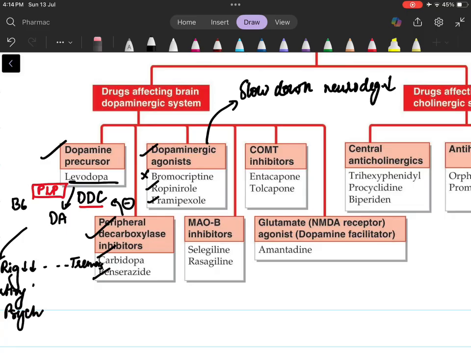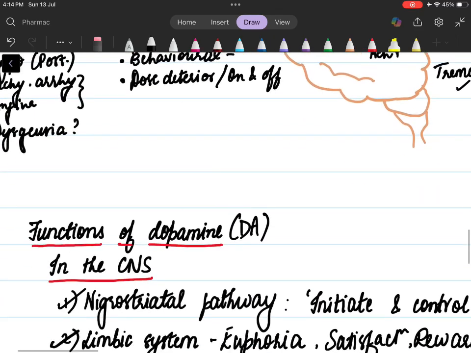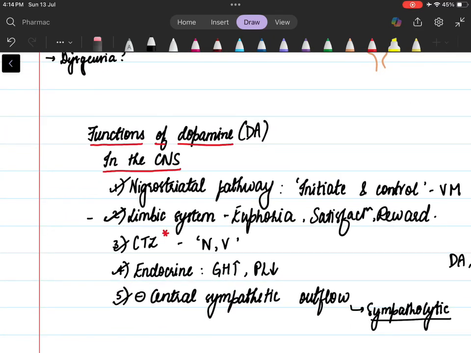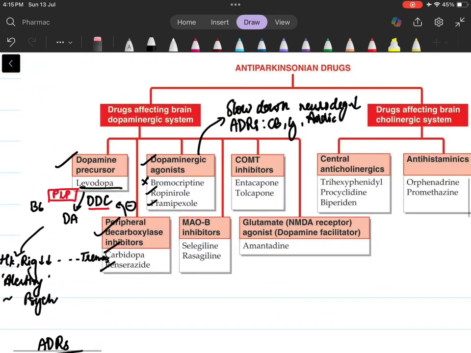So it's supposed to retard the disease progression, which is great. However, it does have adverse drug reactions like compulsive buying, gambling, addictions, all of that. So all these adverse drug reactions pertain to the limbic system. Okay, that is about dopaminergic agonists.